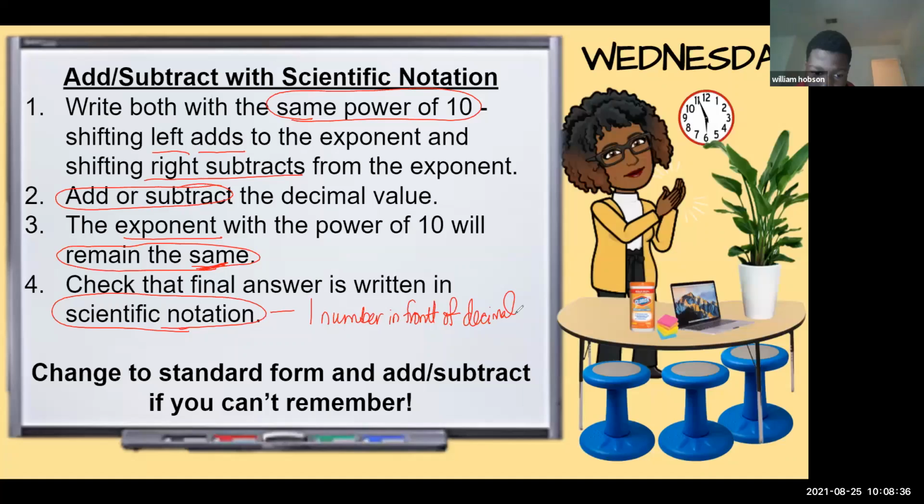Double checking that we got one number in front of that decimal. So after we do our calculations, we still have to do that final step and make sure it's just one.